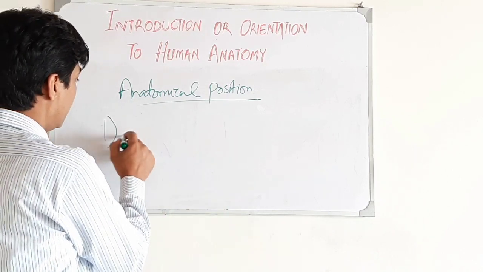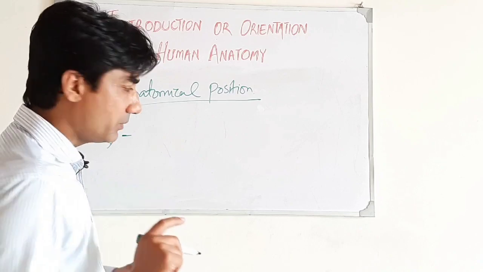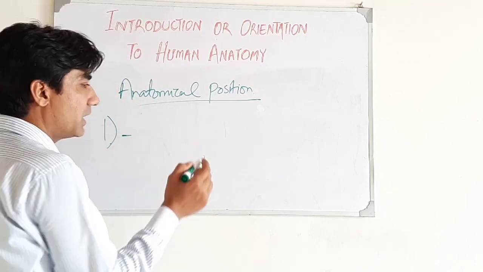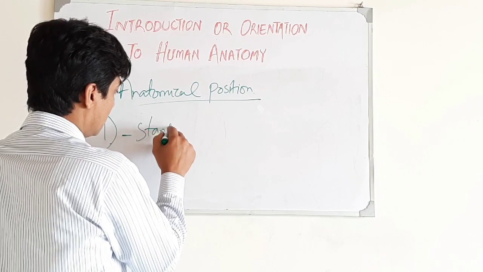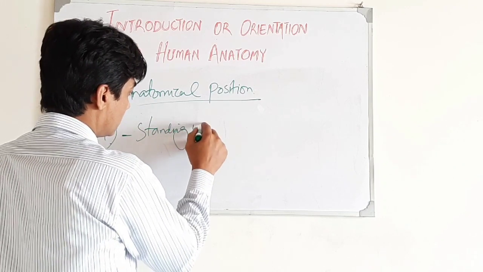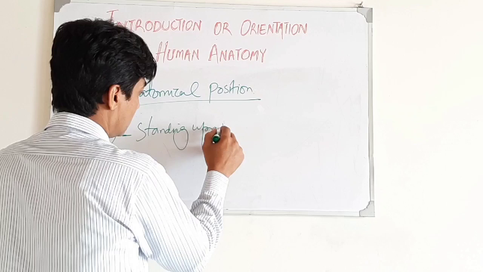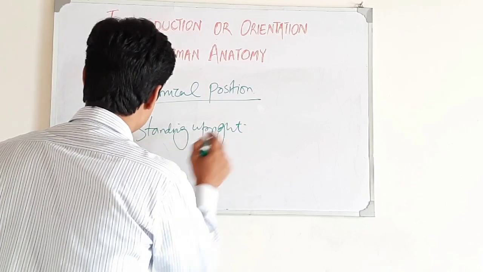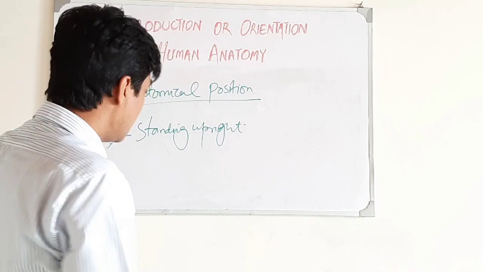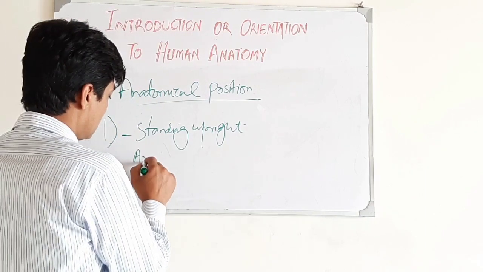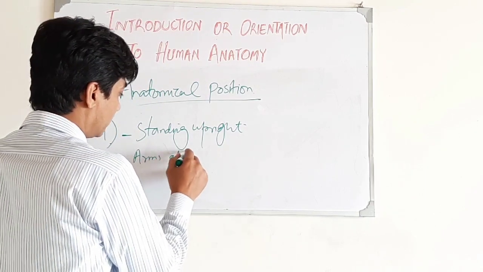First of all, what is anatomical position? The body should be in erect position, standing upright. Second, arms should be at the side.